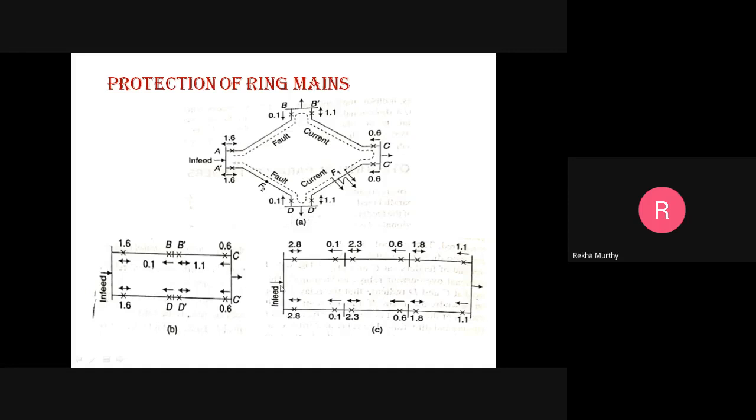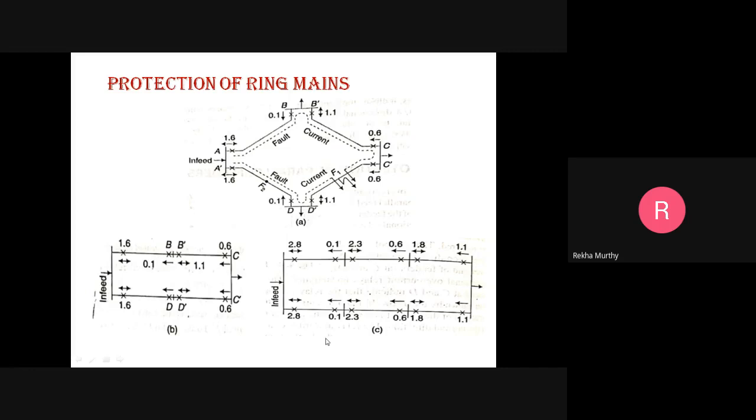Similarly, if you increase the number of feeder lines, definitely you will find that the value of 1.6 is increased to 2.8. Then further you can distribute it with different time gradings for the next relays. Done? Okay. So this is how you can analyze different faults at different points.